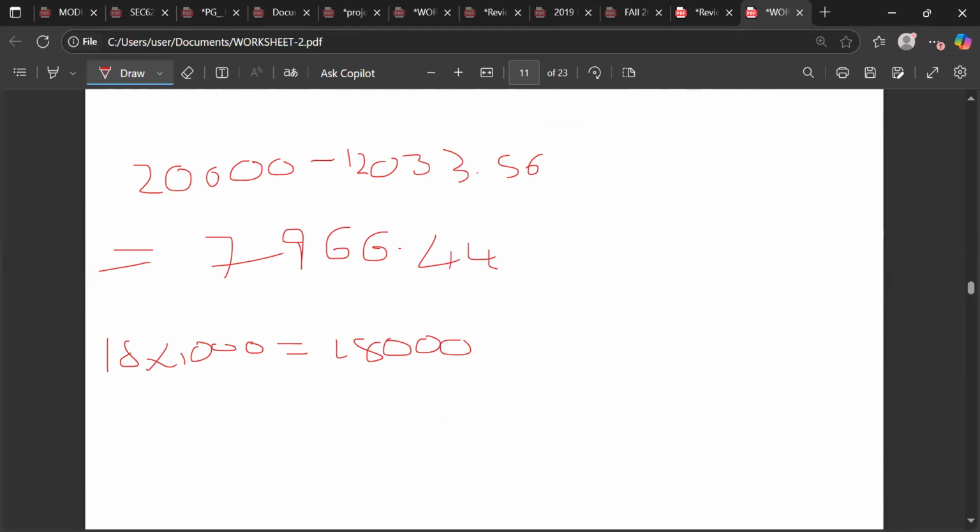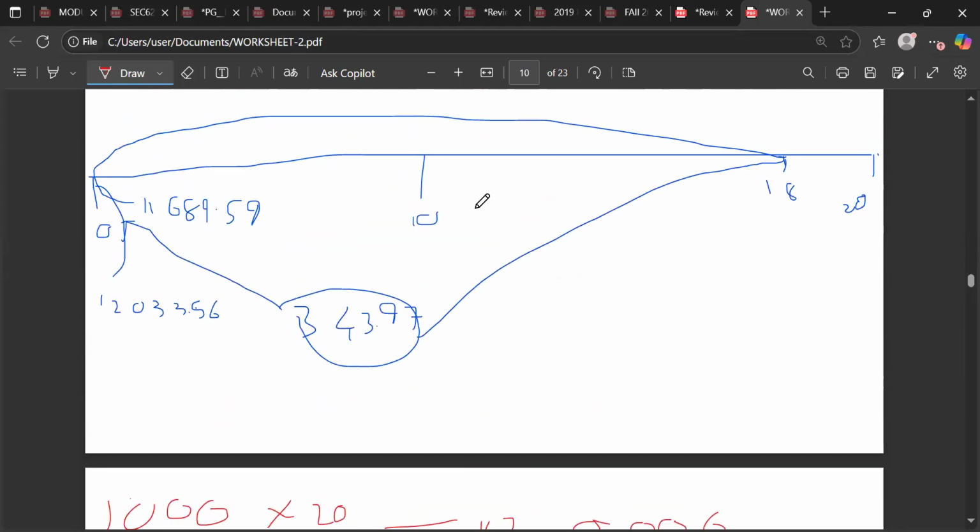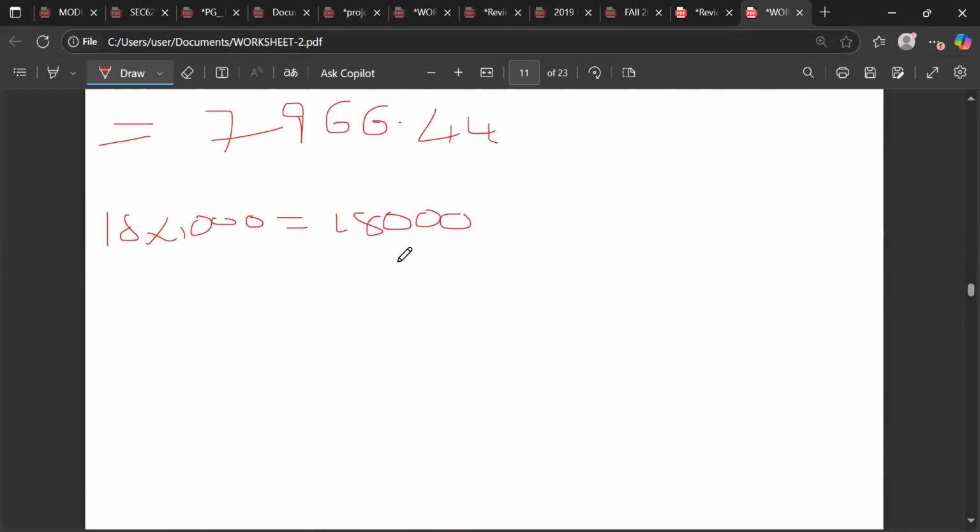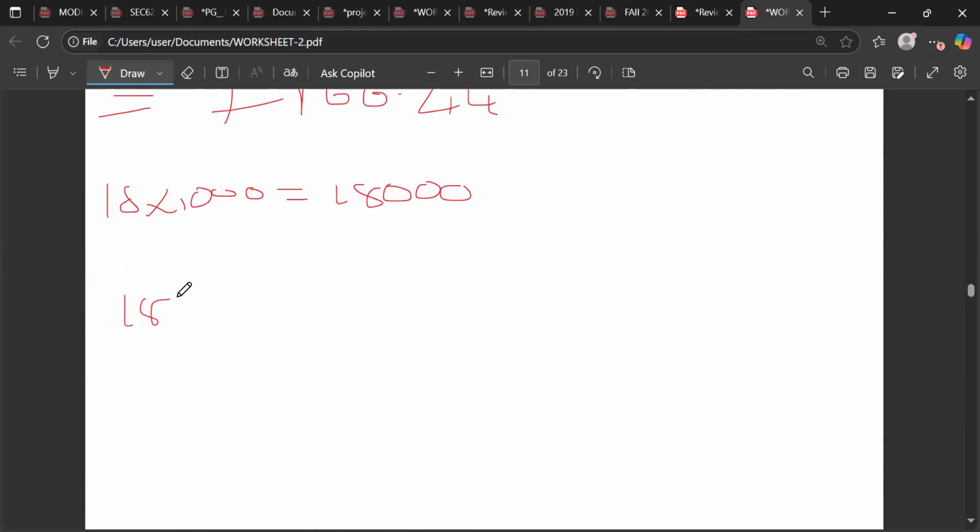Now, 18,000 plus the reduced final payment we found, the 827.97 found in B, so the answer in B is what I'm using in C. So 18,000 plus 827.97 becomes the new loan amount.